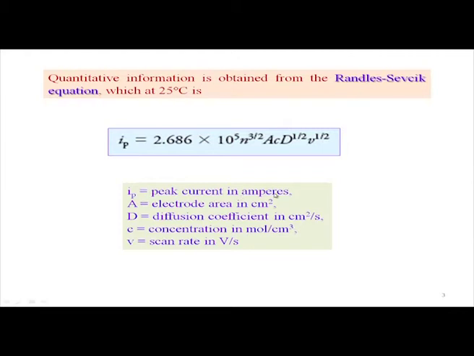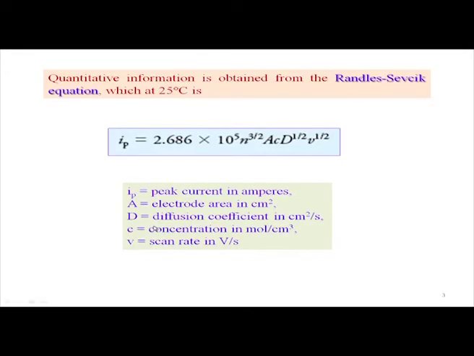So, IP is your peak current in amperes. Two things we are considering here in this equation: peak currents are not in milliamperes or microamperes, they will be in amperes, and v is the scan rate. C is definitely the concentration, because the concentration of the ferricyanide you are using for your cyclic voltammetric measurement has some role to play on the corresponding current, because sometimes we can find directly from the current height the concentration of the species, if everything is standardized and we have the corresponding calibration curve.